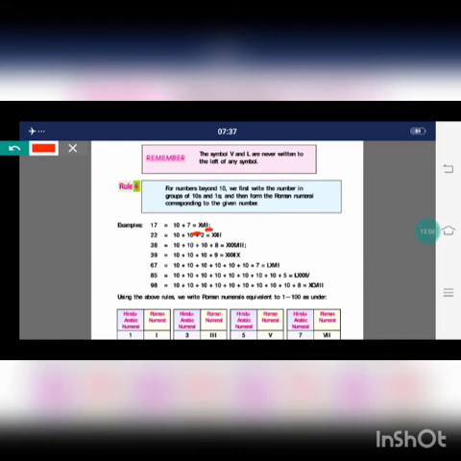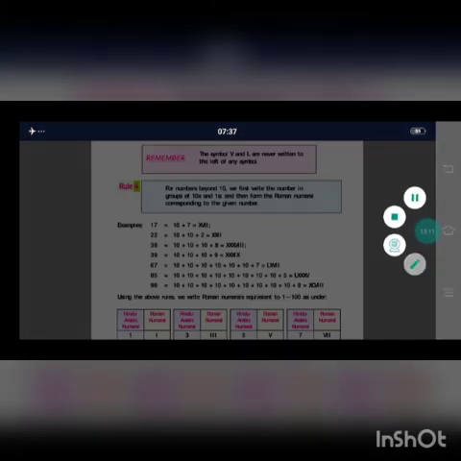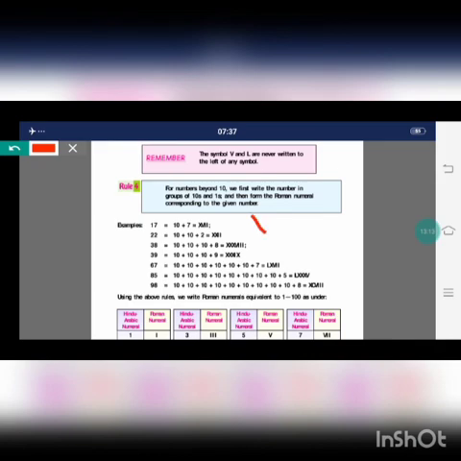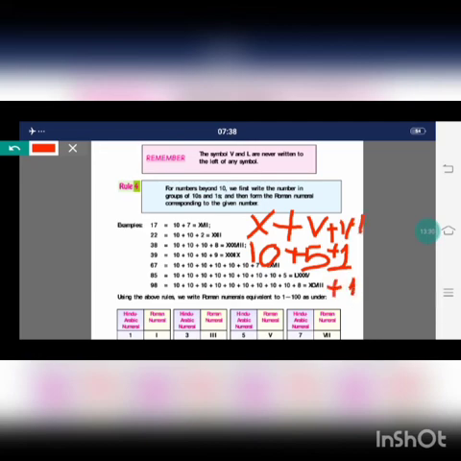Now you can write down X, the value of X is 10, then we have to add here V, it means 5, then we have to add I, it means 1, and once again we have to add I, it means 1.